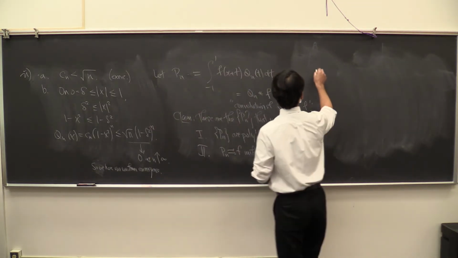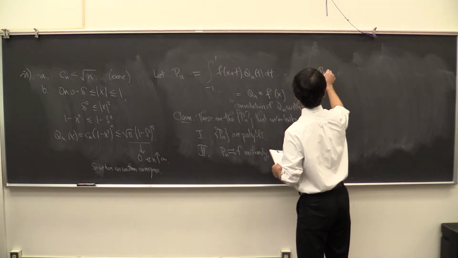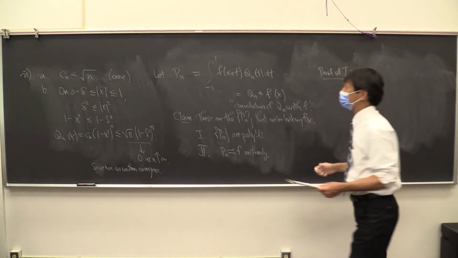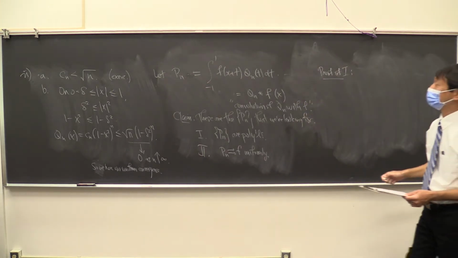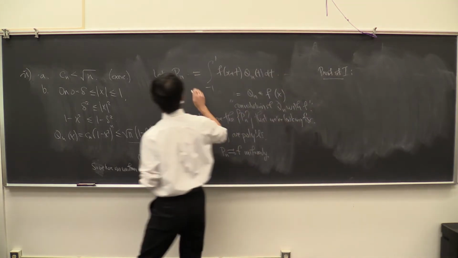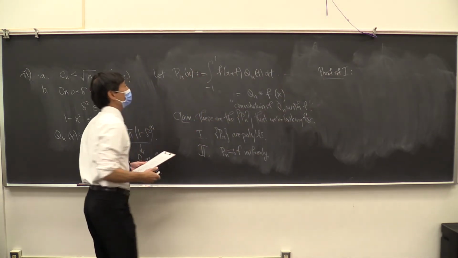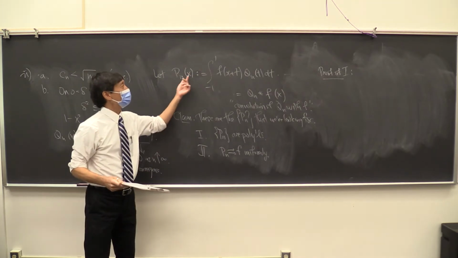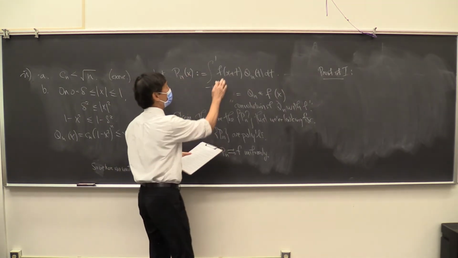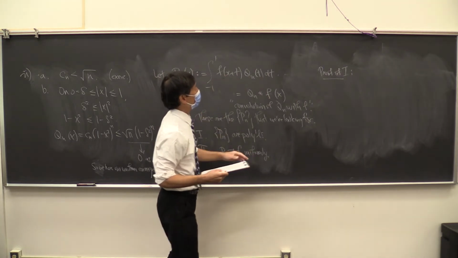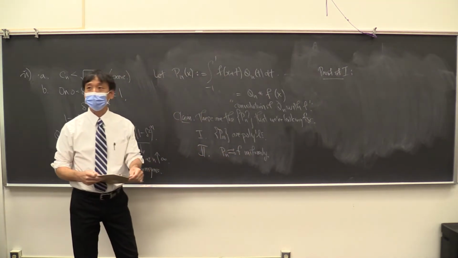So let's prove claim 1, that these things actually are polynomials. Sorry, I forgot to say this should be p sub n of x. So the polynomial at point x is defined to be the integral of f at x plus t against q sub n of t dt.